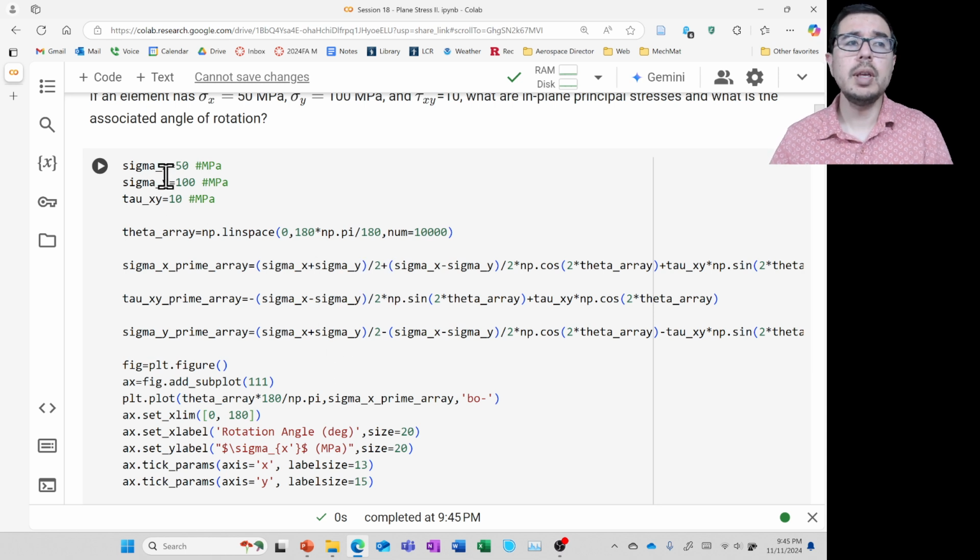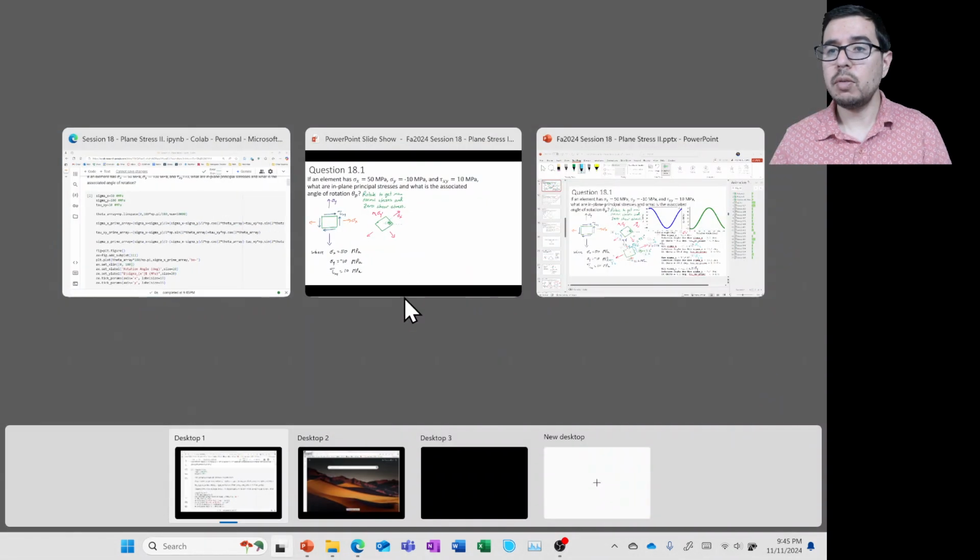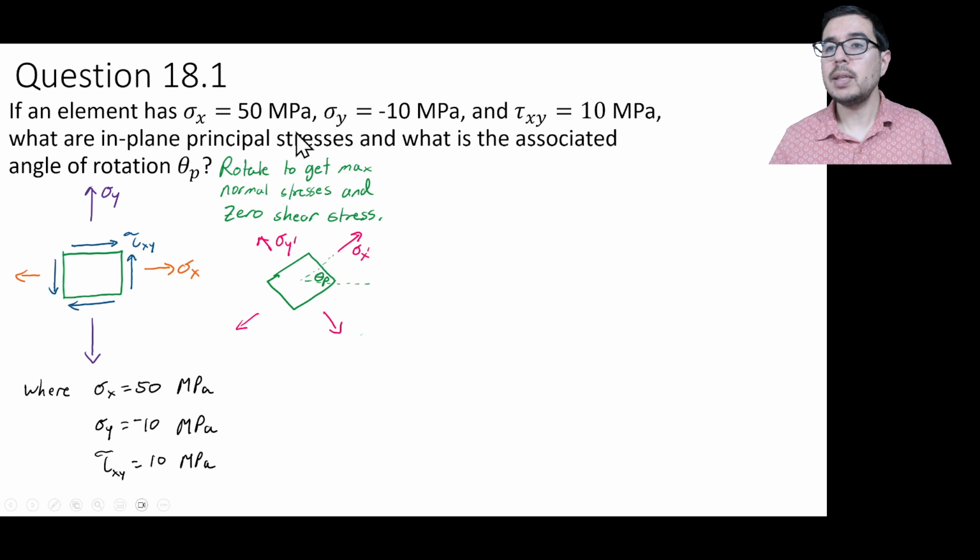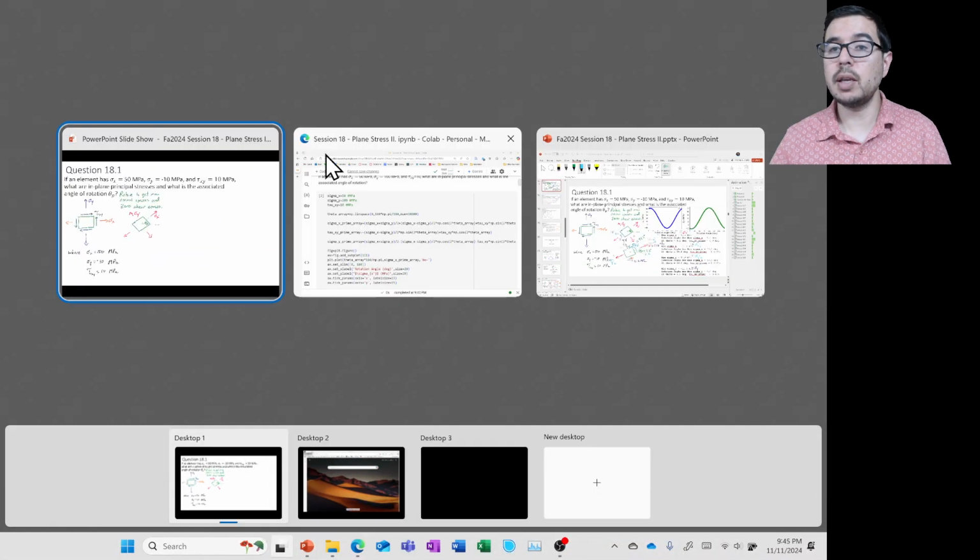What we need to do is plug in the appropriate sigma x, sigma y, and tau xy. In this case, we have sigma x equal to 50 megapascals, sigma y equal to minus 10 megapascals, and tau xy equal to 10 megapascals.